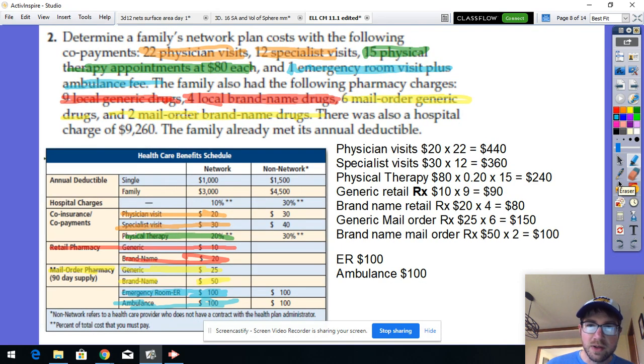And what have I left off? Hospital charge. Yikes. Here it is. Last thing that requires a lot of math. Let's see. There was also a hospital charge of $92.60. And it says in here that hospital charges are covered. We have to pay 10% using this plan.